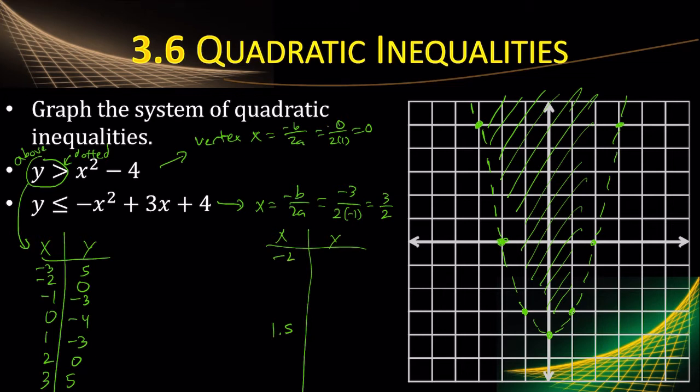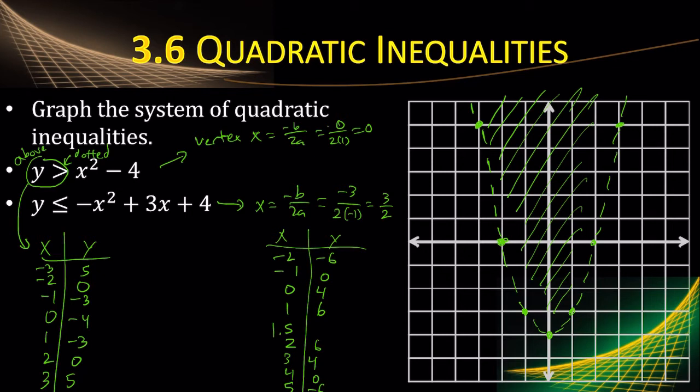So I have negative 2, negative 6; negative 1, 0; 0, 4; 1, 6; 2, 6; 3, 4; 4, 0; and 5, negative 6.